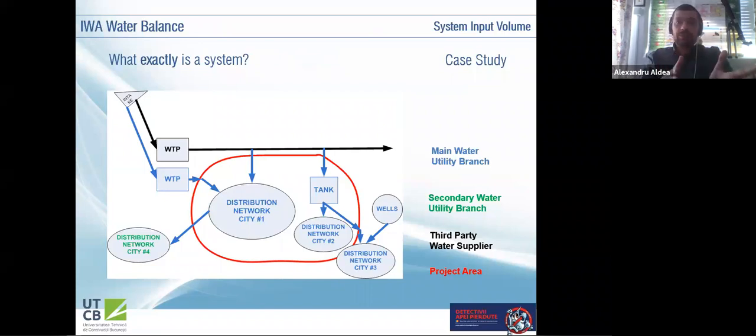Until that point, they didn't know that the other guy knew something else in his head about the water network. So this is a crucial step. Once you establish how you define your system, regardless of how, even if some normative, standard or authority defines it for you, you will have better numbers, the correct values in your water balance.